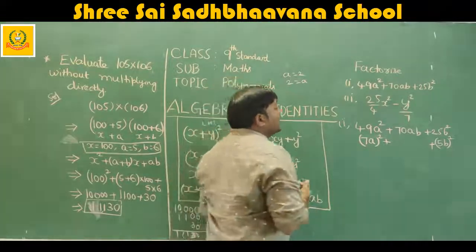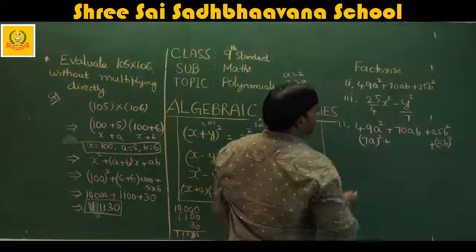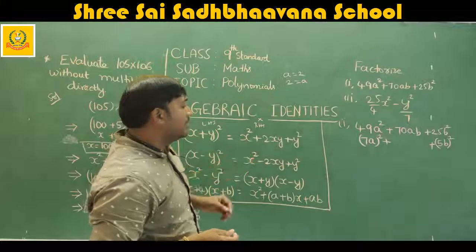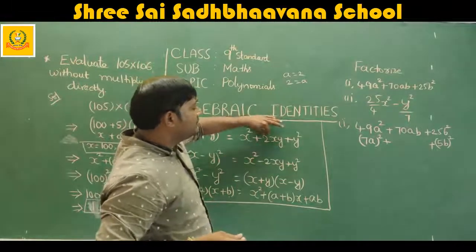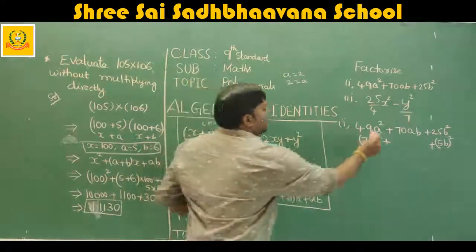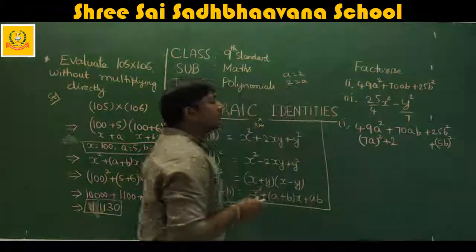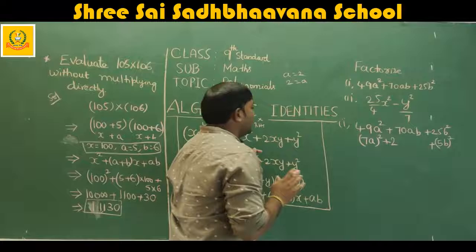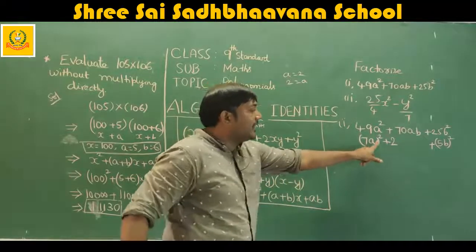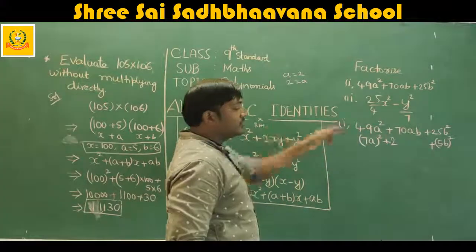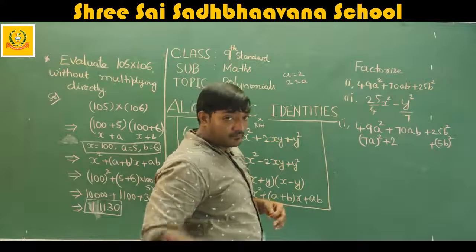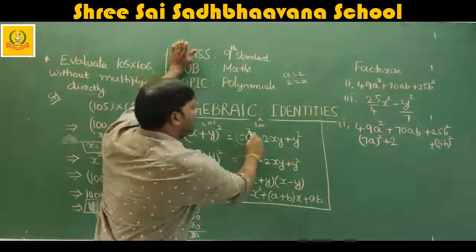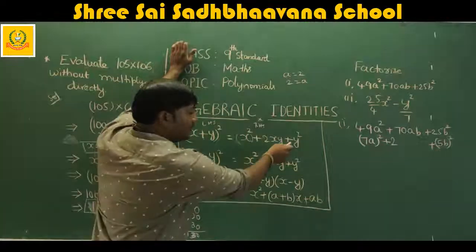So now what is missing here? The middle one, 70ab. So how can we write 70ab? So here 2 should be a multiple. So 2 you write. Understood? See, it is very simple. When you came to know which is x, so now we came to know what is x, right? See, x whole square, x square. So x value is 7a. Just use your brain. Can you write that as (7a) whole square? Here x whole square, so x value we got, and y square.